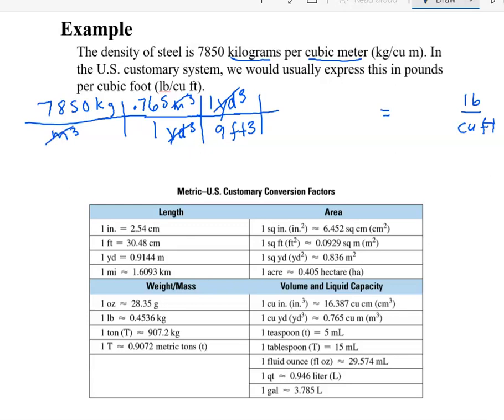Now I need to get my kilograms to pounds. So 0.4536 kilogram is equal to 1 pound. That's going to get my kilograms to cancel out. So on the top, we're going to need to do 7,850 times 0.765.